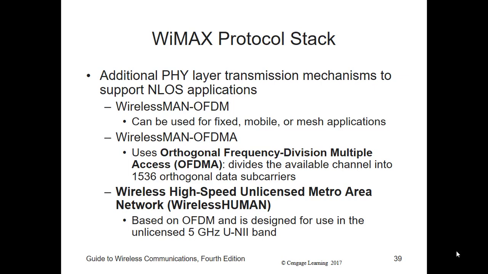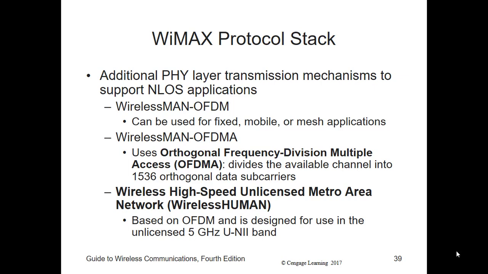The OFDMA uses orthogonal frequency division multiple access. This technique is based on the OFDM that divides the available frequency channel into 1536 orthogonal data subcarriers, which allows for transmissions of frames to different destination devices and from different sources.